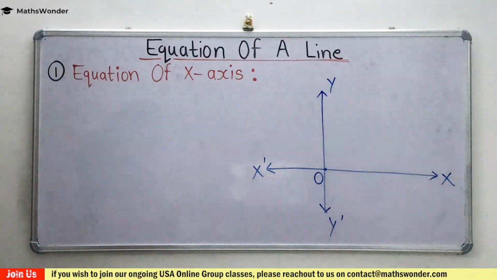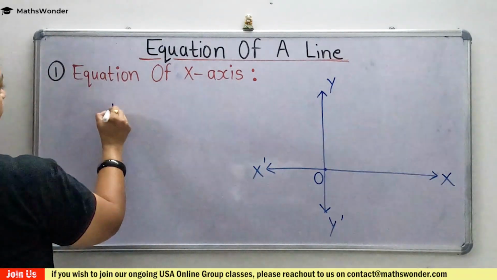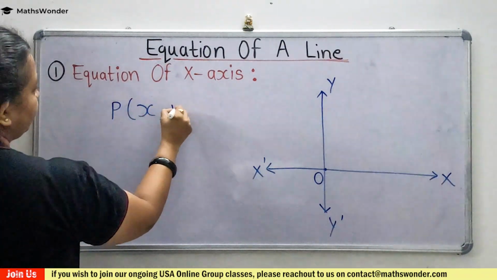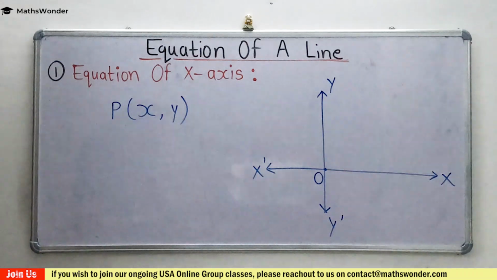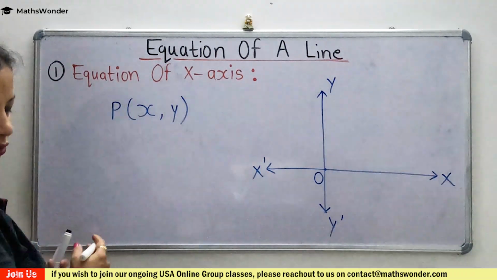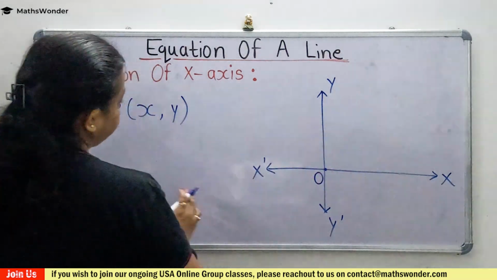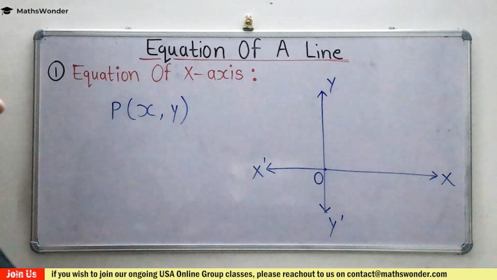So we know that the ordinate of each point on the x-axis is 0. That means if P (x, y) is any point on the x-axis, then y is equal to 0. Always remember, y equals 0 is the x-axis.